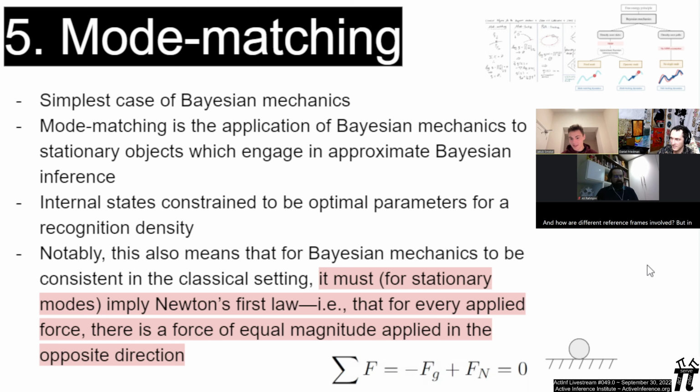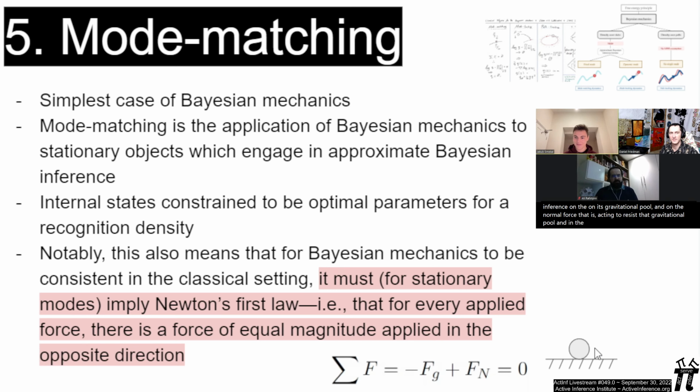But in the simplest case, mode matching considers objects that, at least in the approximate sense, are stationary, like a ball resting on the ground, where the ball is essentially doing approximate Bayesian inference on its gravitational pull and on the normal force that is acting to resist that gravitational pull.